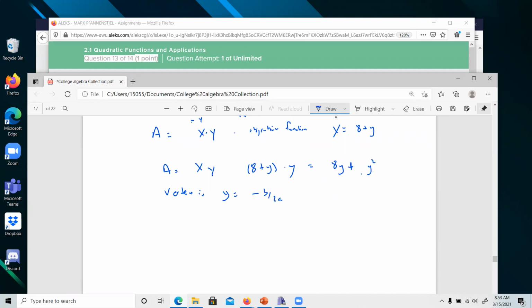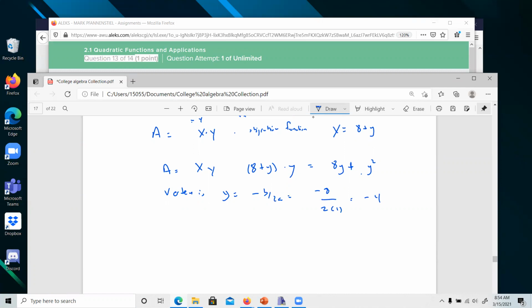A is my function value, functioning as y usually does, but y is now functioning as what x usually is. So that's going to be negative 8 over 2, which gives us negative 4.